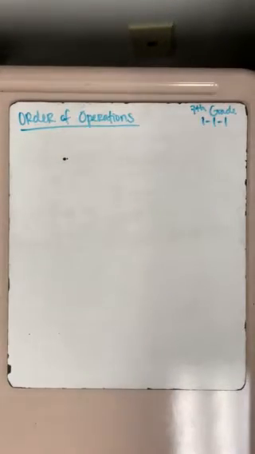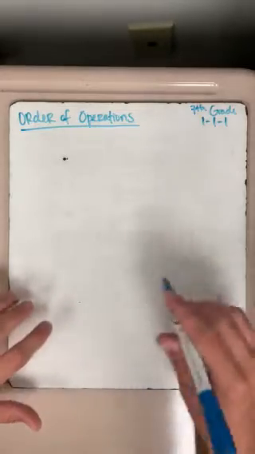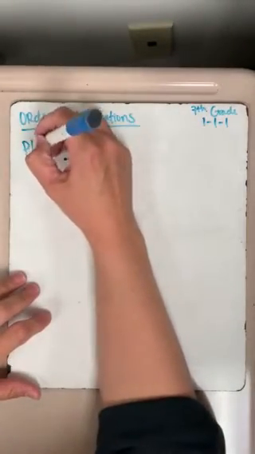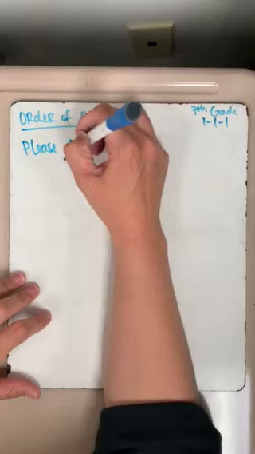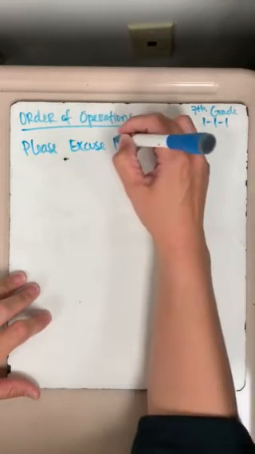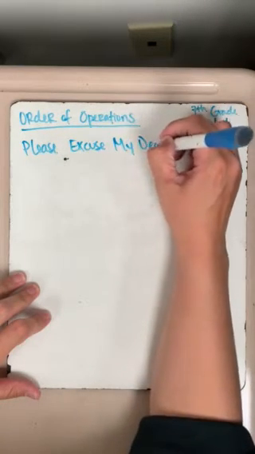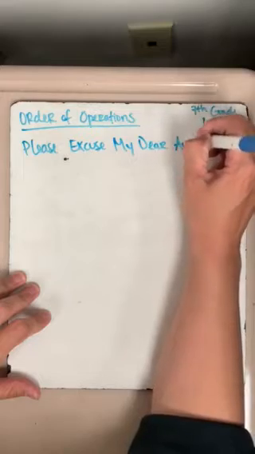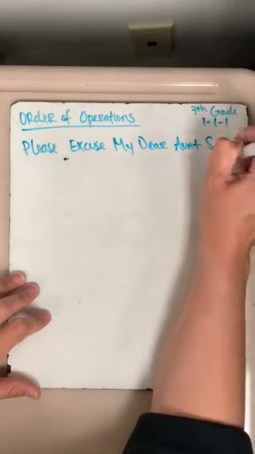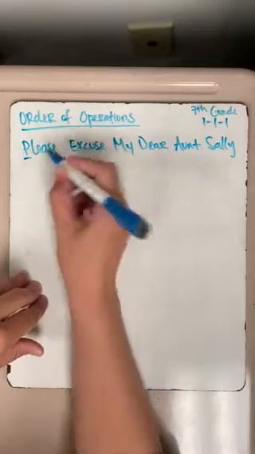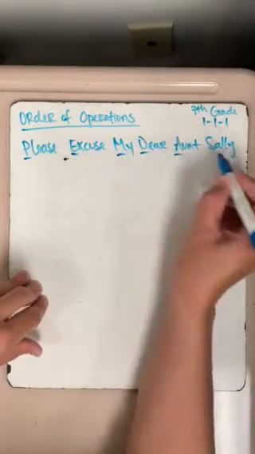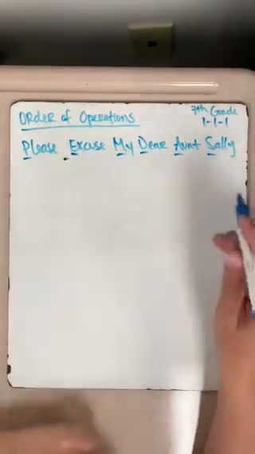Now, there's a couple of different ways to remember it. The most common one is "please excuse my dear Aunt Sally." And with that, obviously the letters that all of those words start with are what's important.